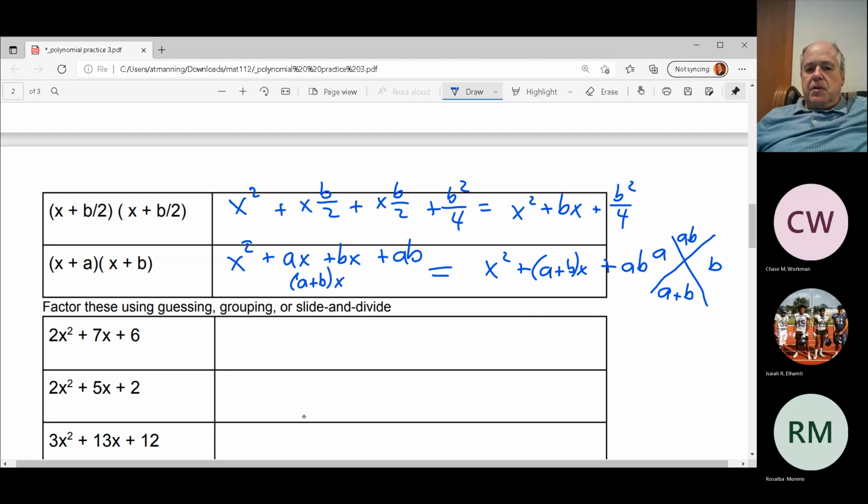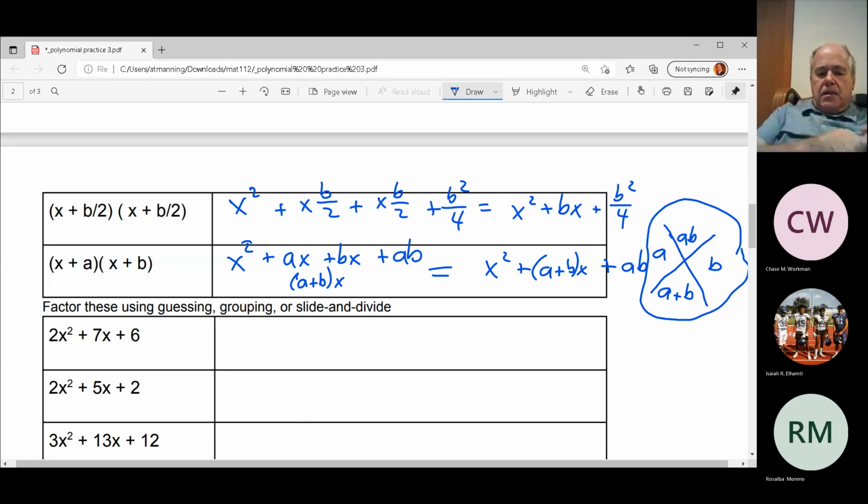Added together, I get a plus b. So that's basically how they derive this little diagram. Whenever I see this, I'm looking for two numbers that, when added together, give me this. That's how we derive our little magic X to help factor any polynomial.